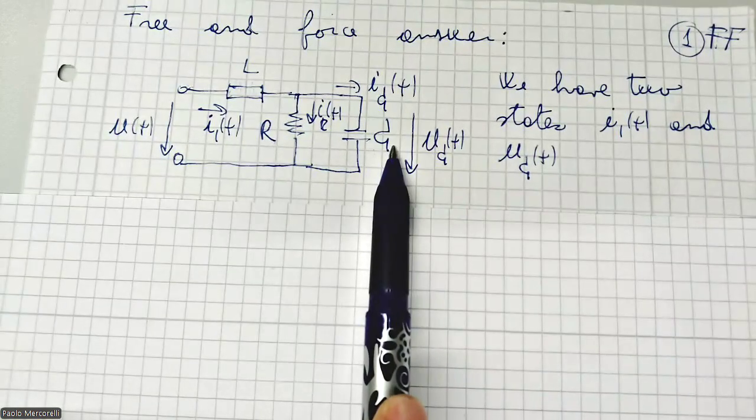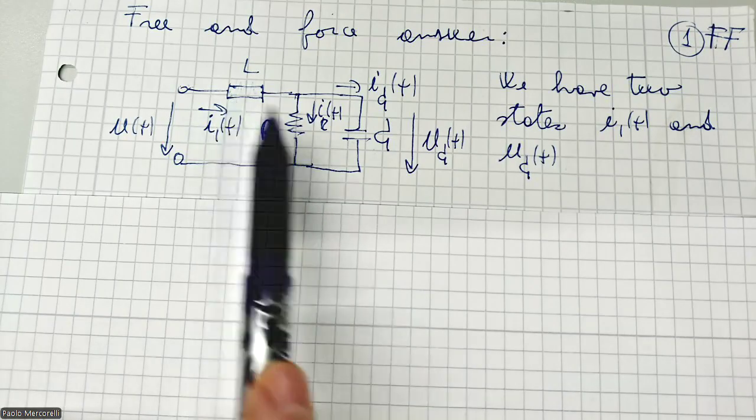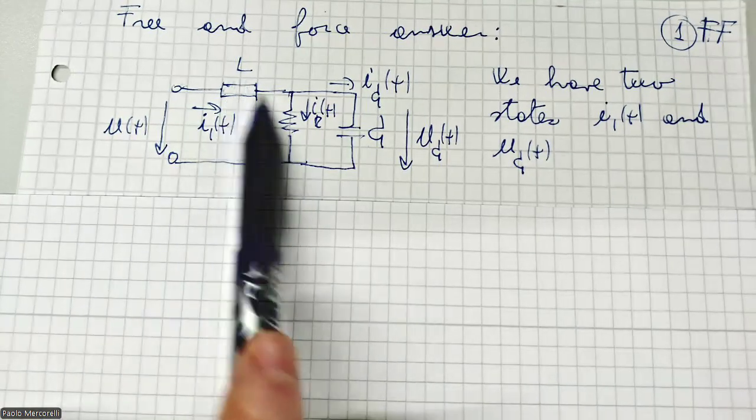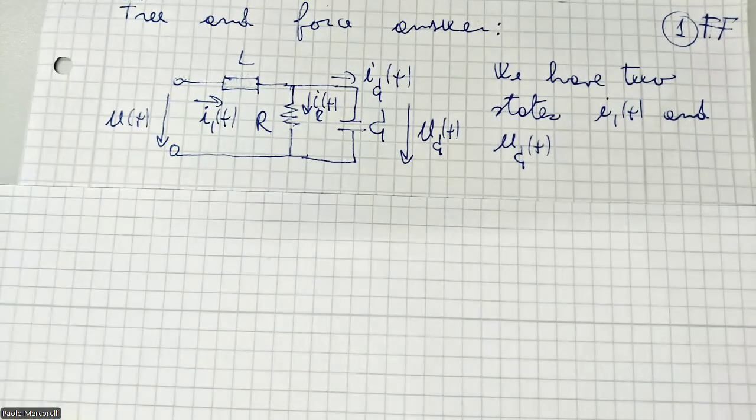We have two elements, coil, inductor, if you want, and capacitor, which can store energy, and can give back to the system the energy which is stored.